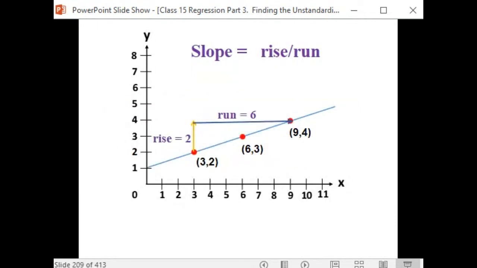The slope is equal to the rise divided by the run. Now, in this example, the rise is 2 and the run is 6. So the slope is equal to 2 divided by 6, which is equal to 1/3.